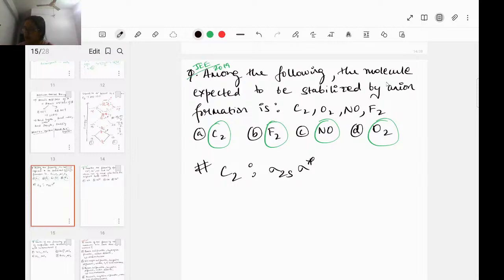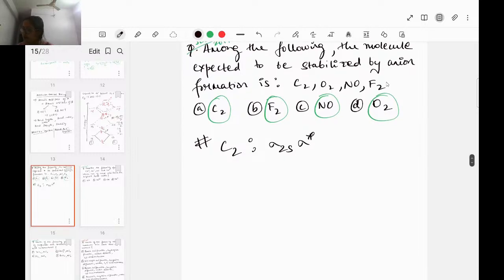Let us draw this: sigma 2s, sigma star 2s, then pi x, pi y, then sigma, then pi star.